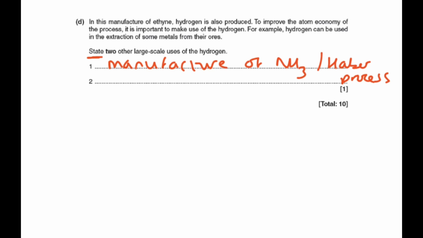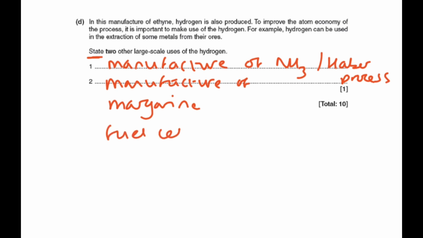You could have something that you studied when you did alkenes, the manufacture of margarine. This is where you take the vegetable oil, which is a long chain alkene, you add hydrogen in hydrogenation, and you form a long chain alkane. You could have fuel cells. There are various answers you could have there.